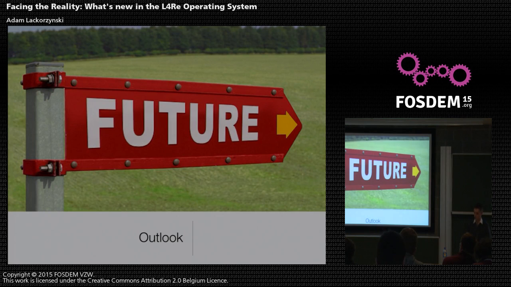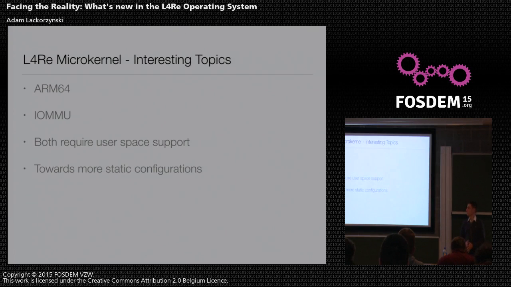So I want to close the talk by giving some sort of outlook into the future. What do we think is important or may become important over the next year? On the microkernel side, we think ARM 64-bit is becoming important, because now major SoC vendors are providing hardware with ARM 64 enabled CPUs.